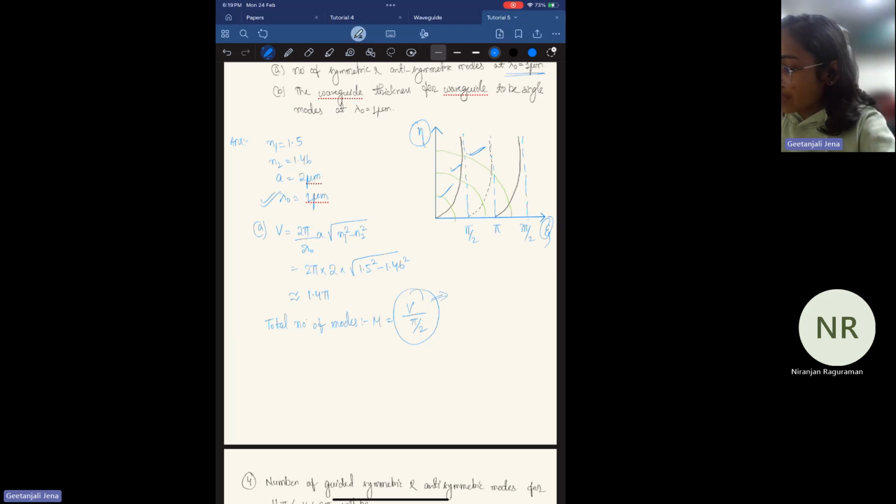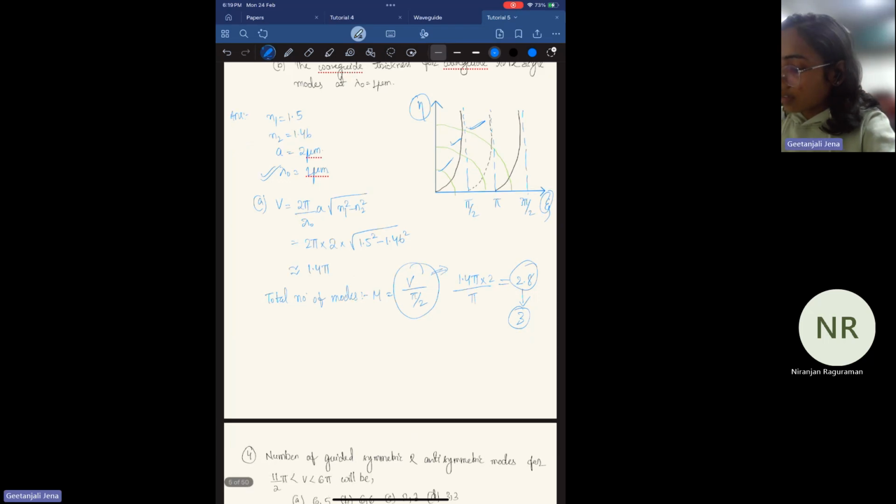So we have V as 1.4 pi and we divide it by pi by 2. So this will come around 2.8. And the nearest greater integer, which is closest to 2.8, is 3. So that means this waveguide supports a total of 3 modes. Okay.